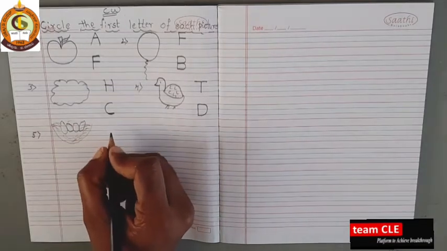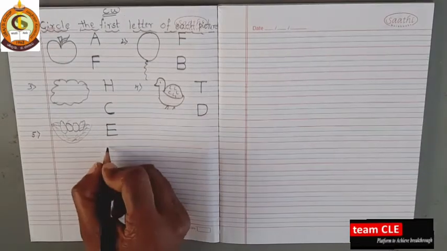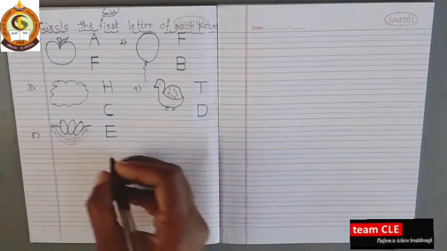Next picture draw and write here capital letter E and letter K.